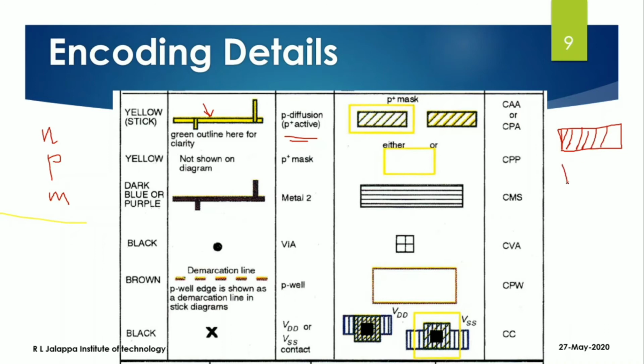Now look at the slash. If I write a rectangular box with forward slashes like this, which is densely packed, it means it is N diffusion. If it is loosely packed, then it is P diffusion. Okay. So if it is densely packed, it is N diffusion. If it is loosely packed, this is P diffusion. So P diffusion always lies inside the P plus mask.